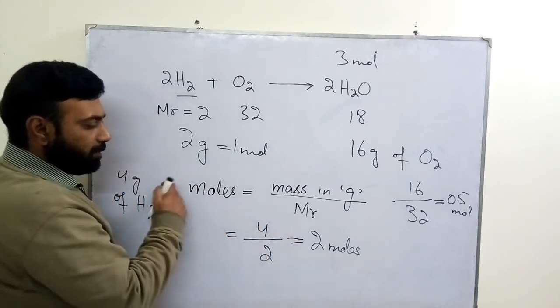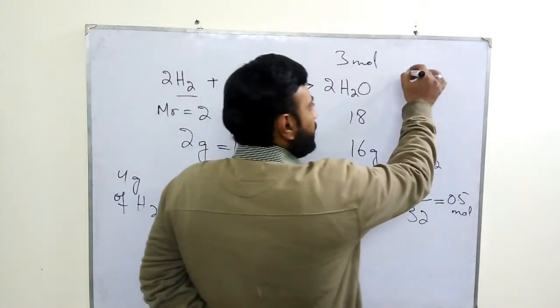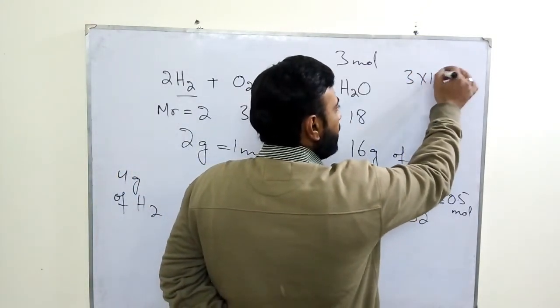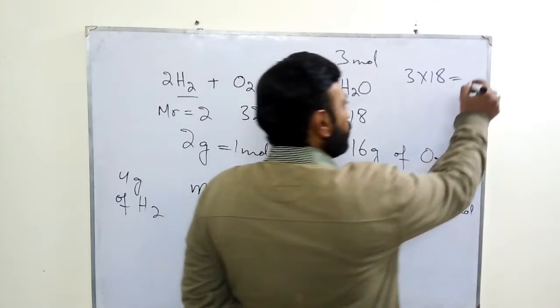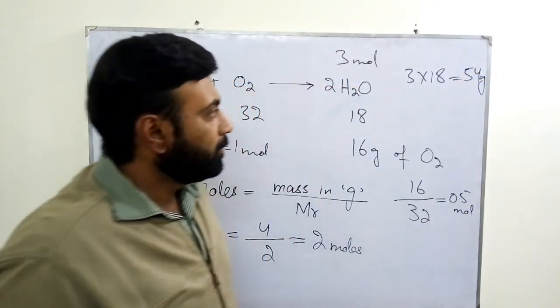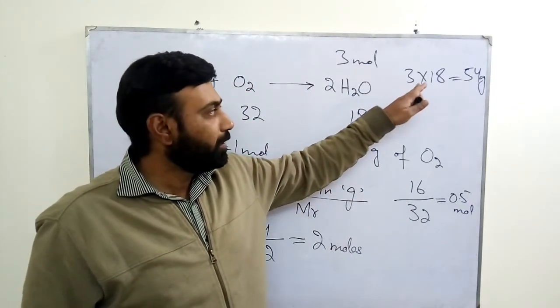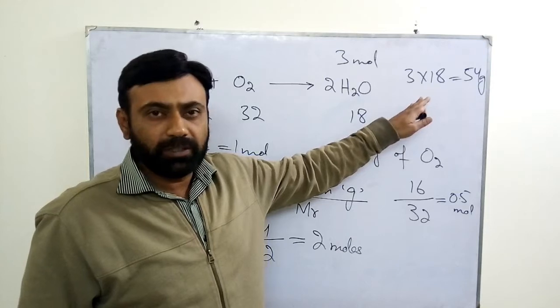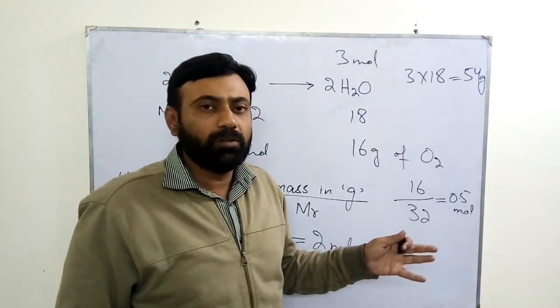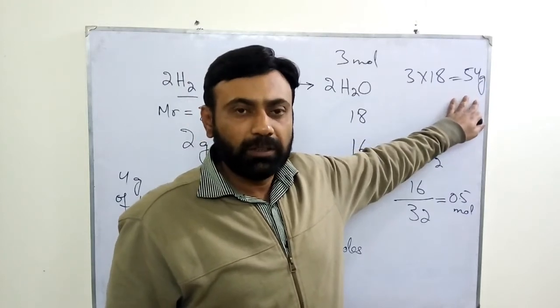We multiply this Mr with the number of moles and we'll get mass in grams. So 3 into 18, 4 times... 54 grams. We knew moles of water, there were 3 moles, and we knew the molecular mass of water, that was 18. We multiplied number of moles to the molecular mass to get to the mass in grams of water.